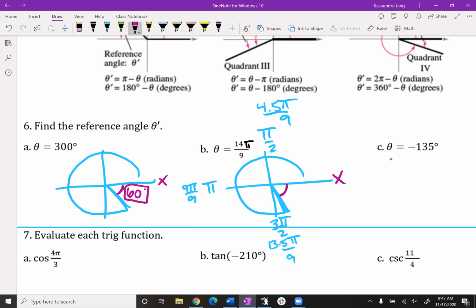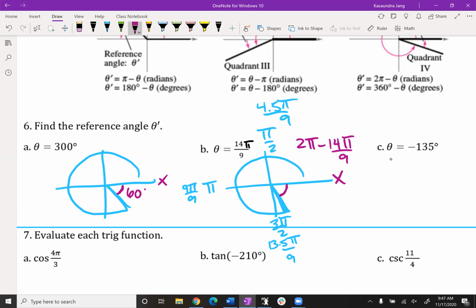And I do know that 2 pi is a full circle. So what I did over here was I took 360 minus 300, and I got 60. I took a full circle minus what they gave me. I'm going to do in this one full circle, but just in radians. I'm going to do 2 pi minus my 14 pi over 9.